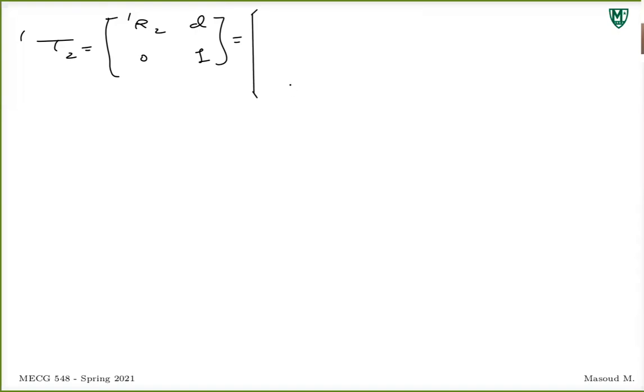First a 3 by 3 would be your rotation, which will be minus sine V2, 0, cosine V2, cosine V2, 0, sine V2, 0, 1, 0, and 0, 0, 0. And at the end, because there is no translation, these components are 0. Your D in 2 is basically 0, 0, 0.